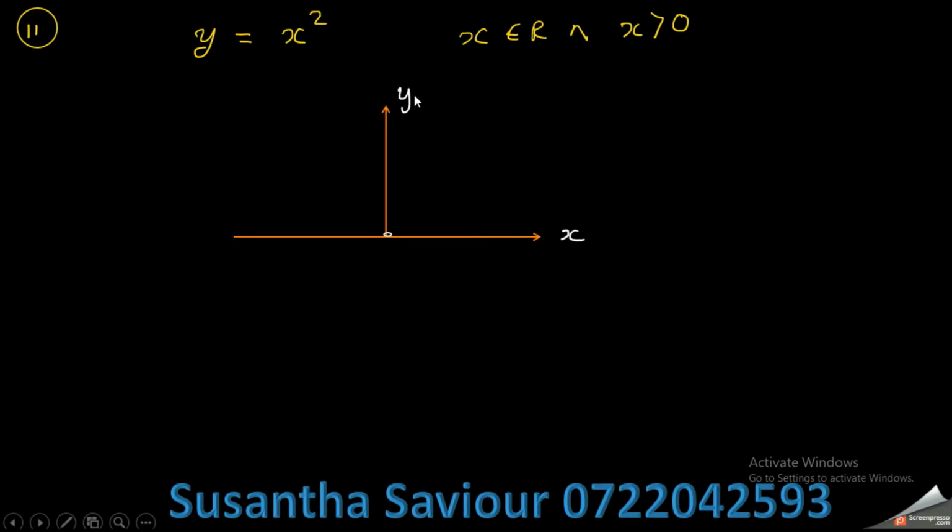So y is like this. This half of the curve is not there, right? The left-hand side half of the curve is not there because x is not taking those values, and it will not be taking 0 also because x is not taking 0.